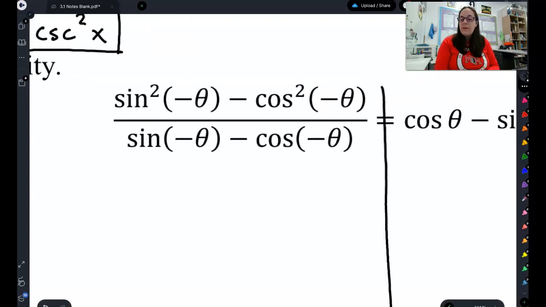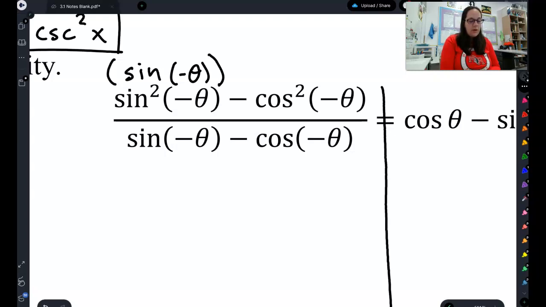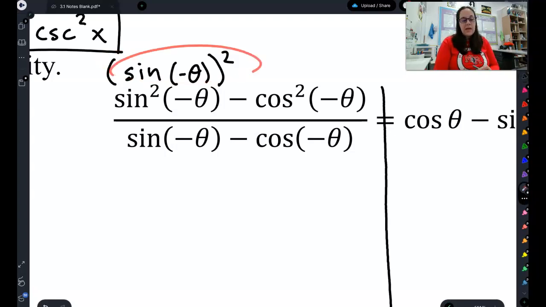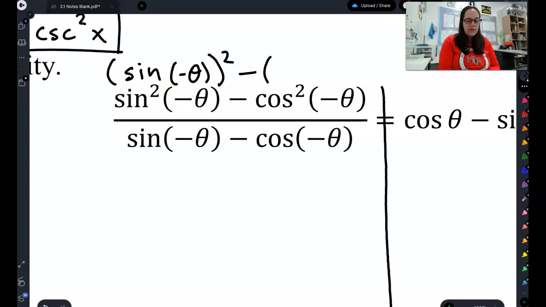So that would definitely be right here on the left-hand side. Now, before you get started on this one, remember that sine squared of negative theta is exactly the same thing as this. And it will be more helpful in the problem to write it this way instead of this way. And you'll see why as you work through it.